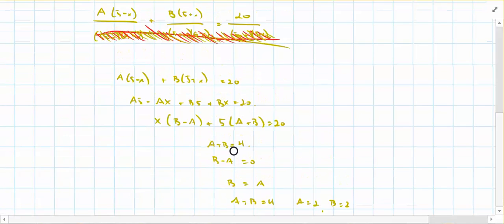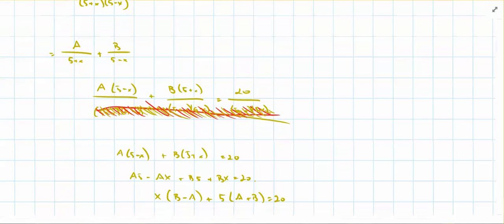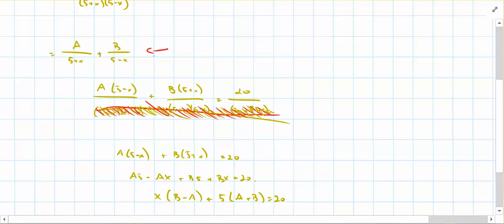Now, going back to the top, we can bring this back to this particular part here, where we now know what A is and what B is.